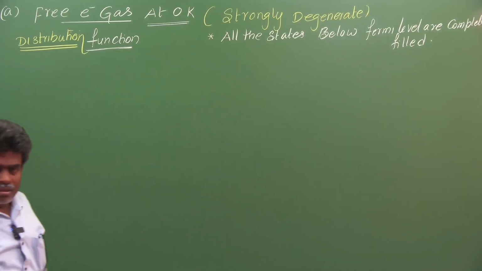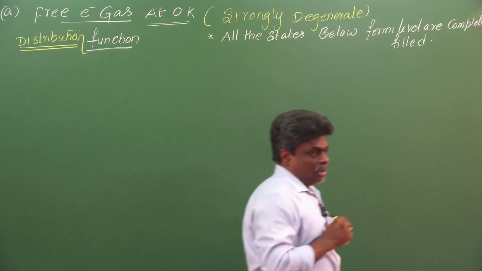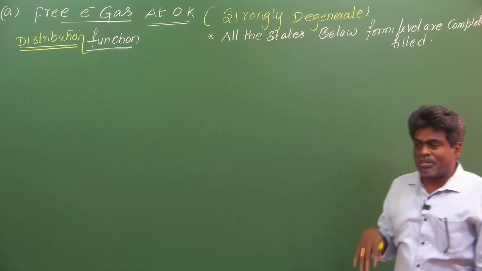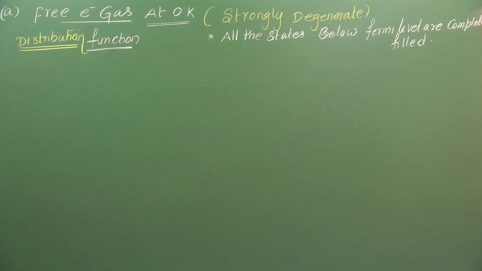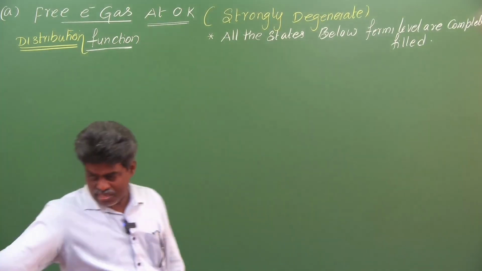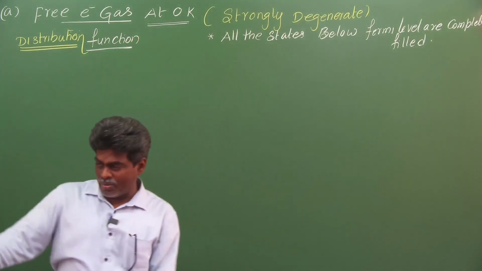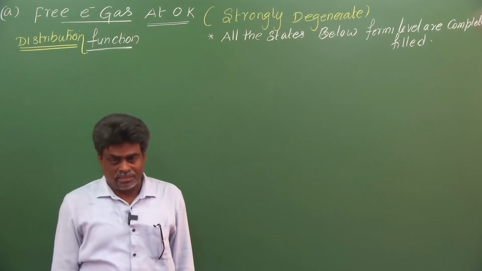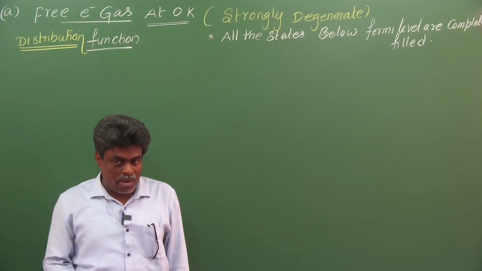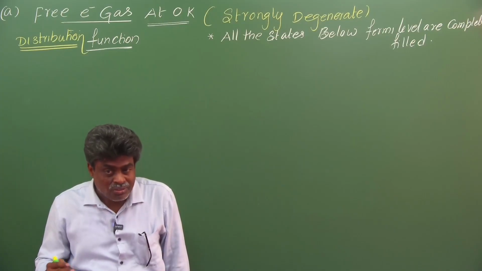See this classroom: how many benches are there? 2 here, 2 there. How many people? 2 there, 1 here. Total 3 people occupying how many states?